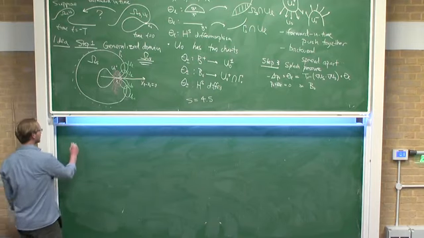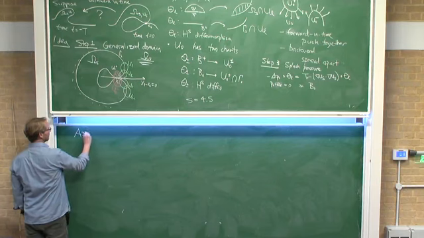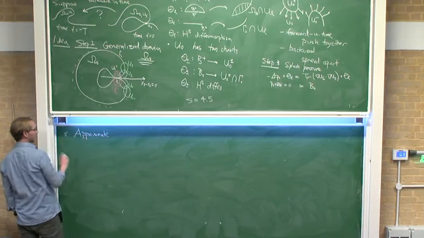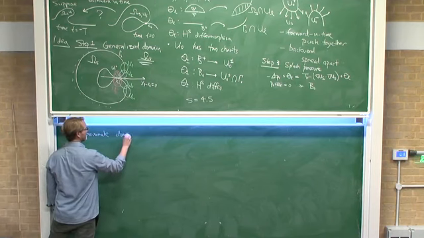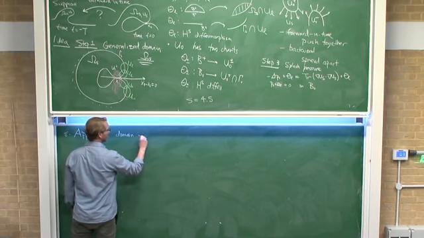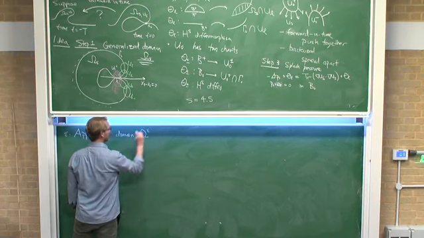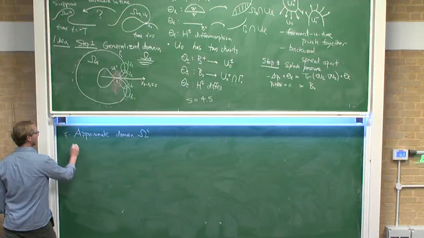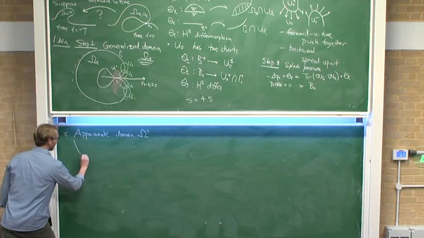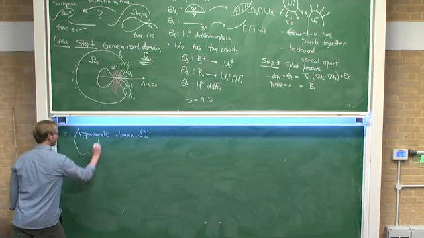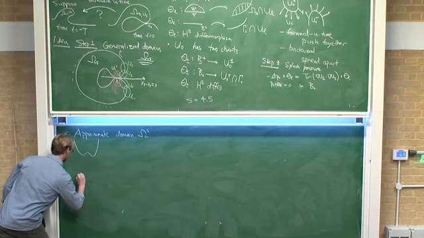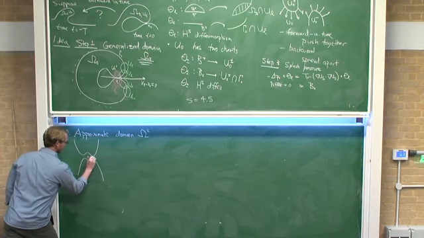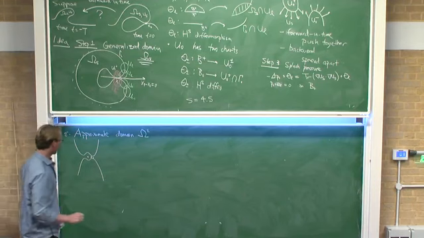Okay, so now the idea is this. Now you form an approximate smooth domain. So I'll say epsilon approximate domain omega epsilon. So the idea is basically this, that you're going to look at just these two charts, and you're going to do something like this. So here's x naught. So here's how this works.